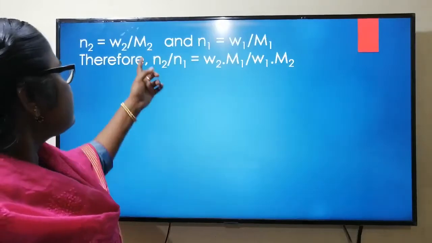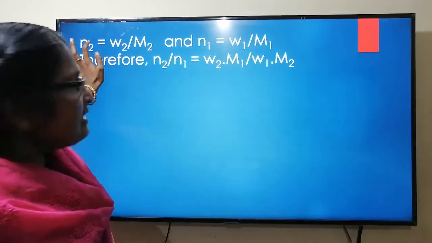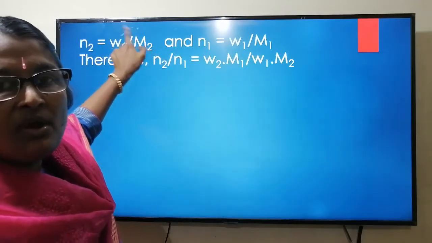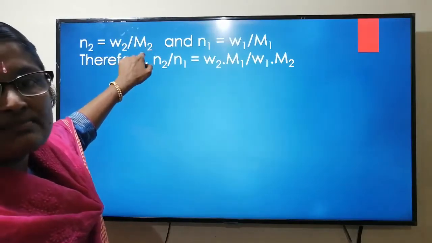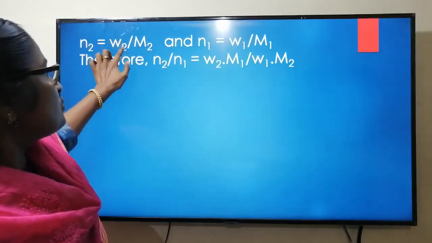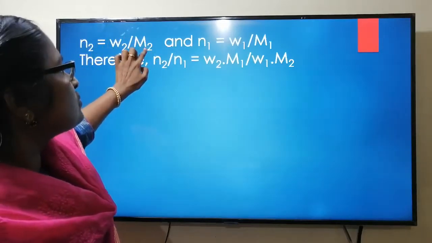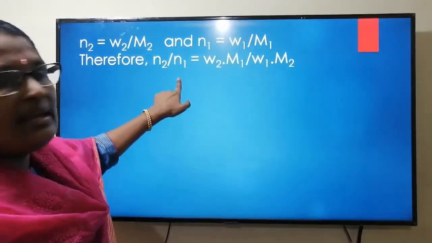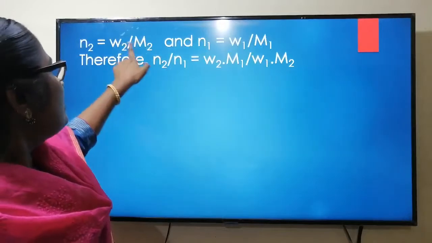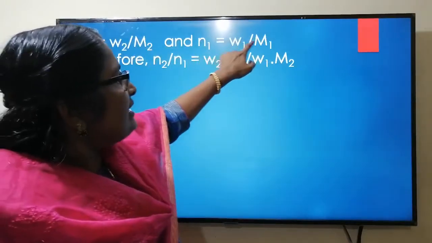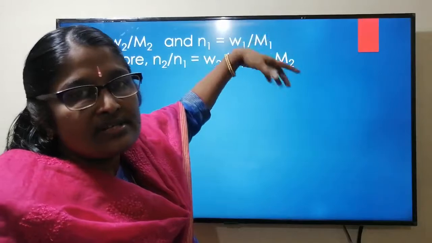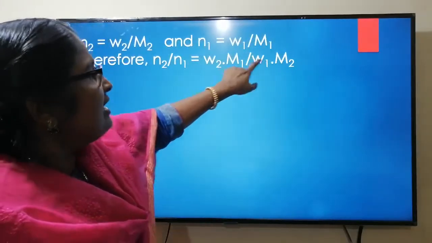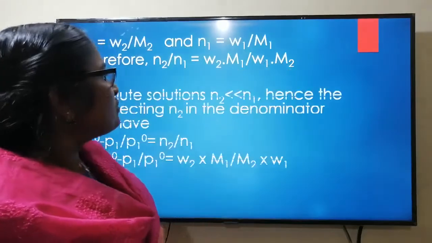Then N2, the number of moles, is equal to mass in grams divided by molar mass. We know number of moles is equal to mass in grams divided by molar mass. For the solute, mass in grams is W2 and molar mass is M2, and N1 is W1 by M1. Therefore N2 by N1 is equal to W2 by M2 divided by W1 by M1. If we multiply by the reciprocal, we get W2 into M1 divided by W1 into M2.